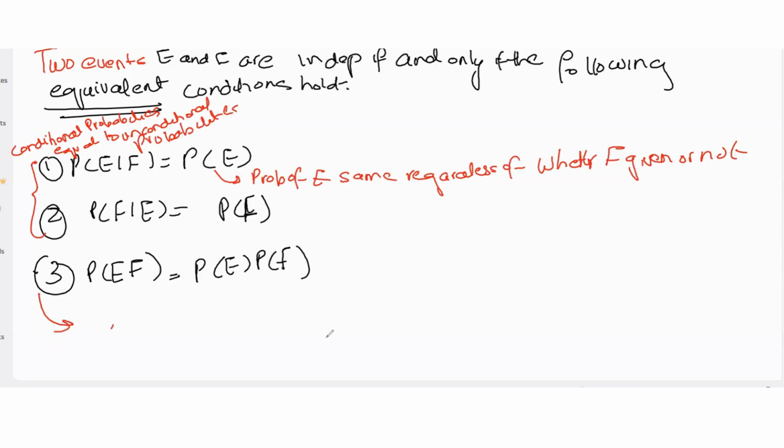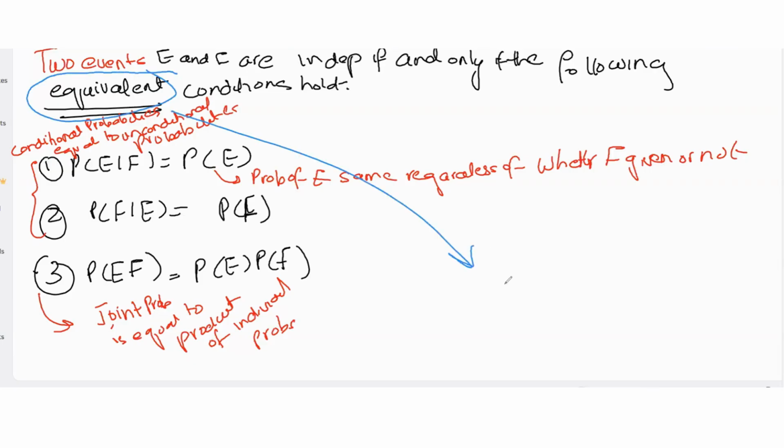And this says that the joint probability is equal to the product of the individual probabilities. The probability of the intersection is equal to the product of the individual probabilities. Now, what do we mean by equivalent over here?